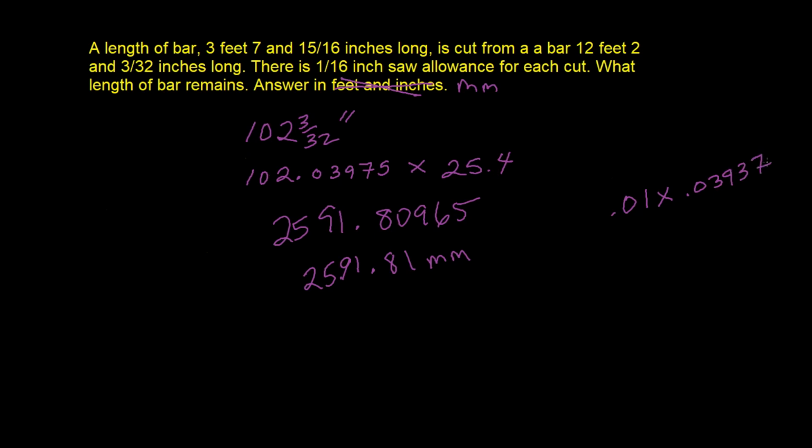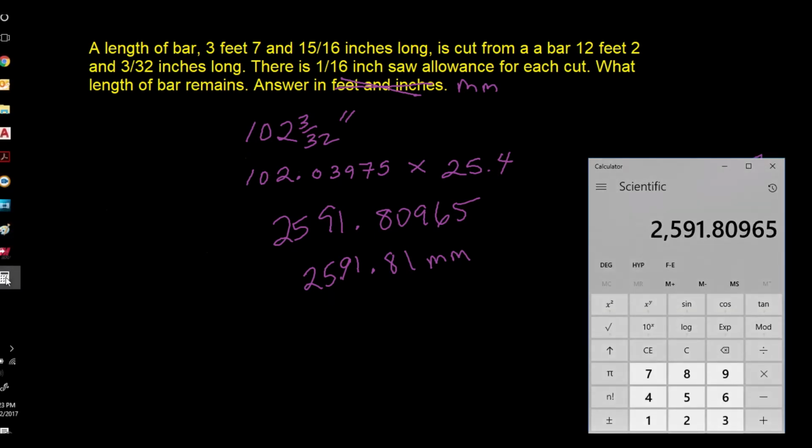So let's bring the calculator in and we'll do that real quick. We'll clear this. We'll say 0.01 times 0.03937. This is an infinitesimally small number. Essentially, that is 4/10,000ths of an inch.